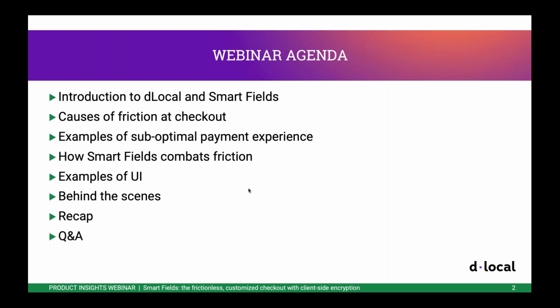We'll give you examples of what suboptimal payment experience looks like and discuss how that can be fixed with a smart fields capability. We'll give you a variety of UI examples so you can decide what may work for your business, and take a quick look behind the scenes to understand what the data flow looks like between your page, our servers, tokenization, and so on.